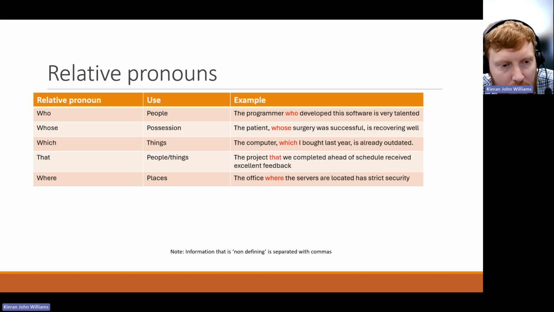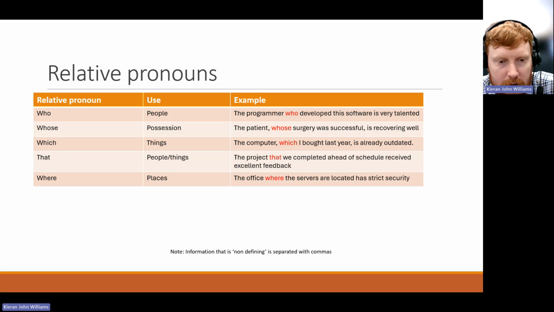Now, which can tell us about things and objects. So the computer, which I bought last year, is already outdated. Which is talking about the computer. Now that can tell us about people or things.